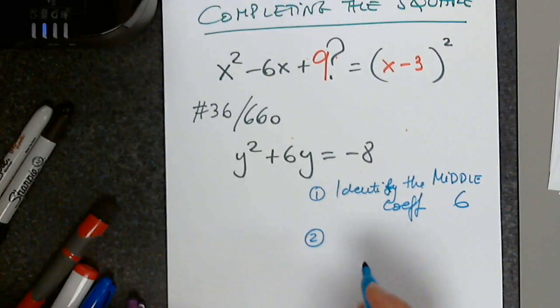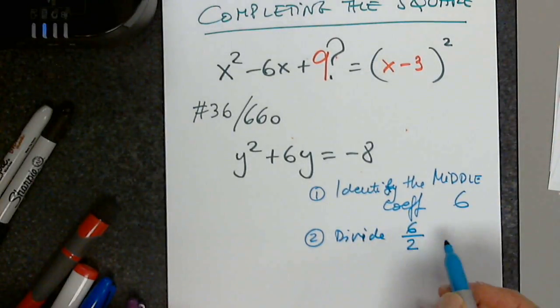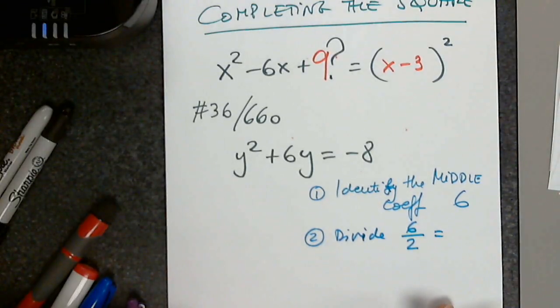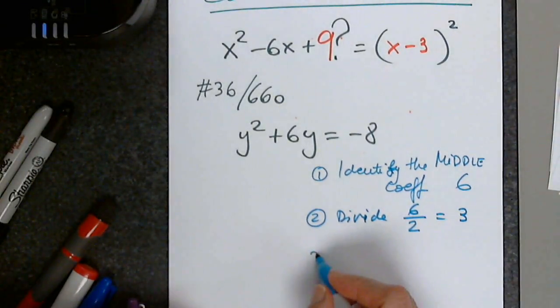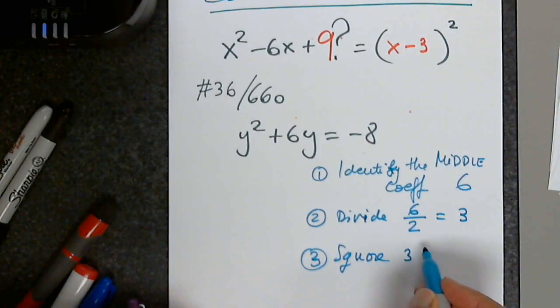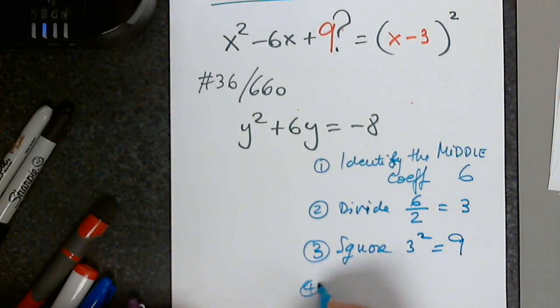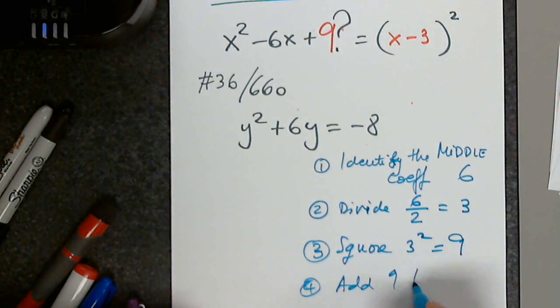In step 2, divide 6 by 2. What do I get? 3. In step 3, square 3. How much is 3 squared? 9. That's how I get the 9. And in step 4, add 9 to both sides.